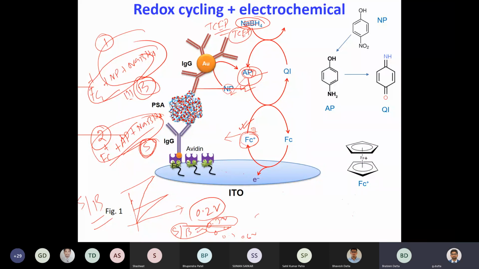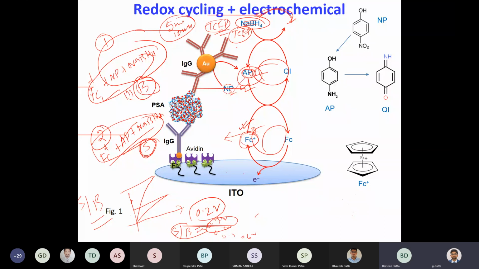That's a very good question. We have to use T-shape at very high concentration, like 5 or 10 millimolar, because it will always get oxidized and will not go back. You can see the arrow is not coming back. Only this cycle produces cyclically on the surface, but T-shape will always oxidize and not come back again.